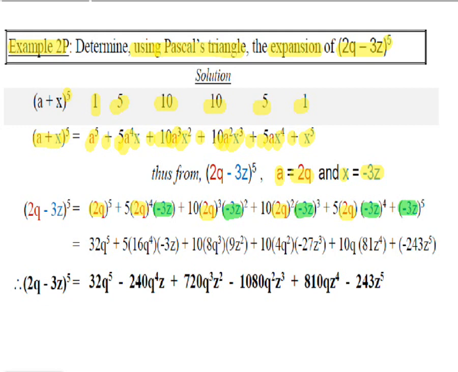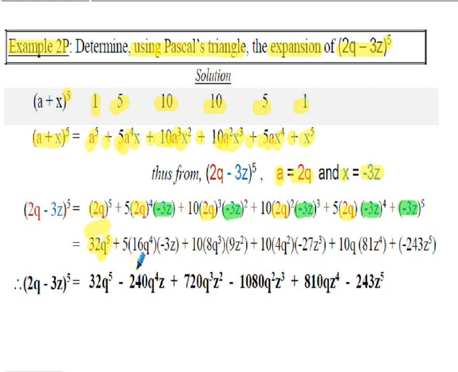On the next line, what I've done is calculated the values of the brackets where I've got powers. You need to be very careful here, because in the first term you have 2q to the power 5. So that means 2 to the power 5 is 32, and then q to the power 5 multiplied against the 32.